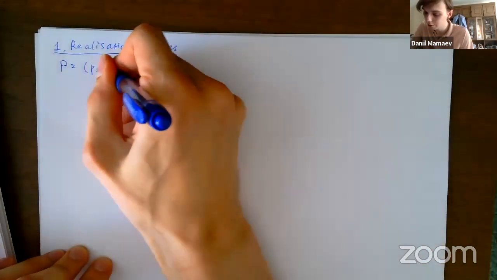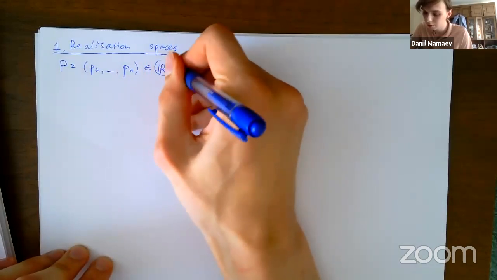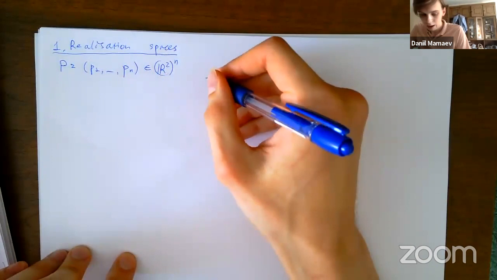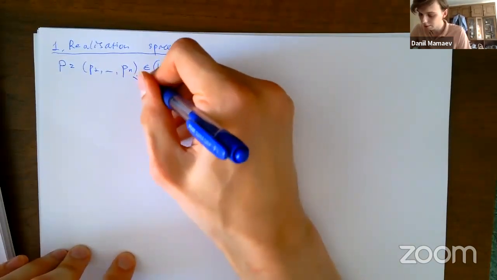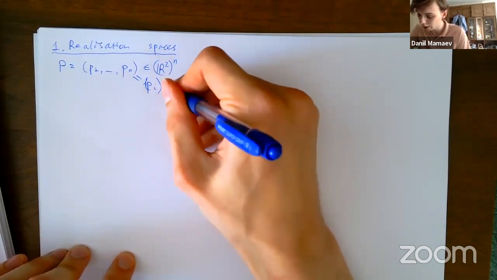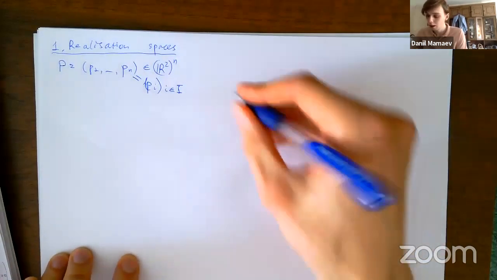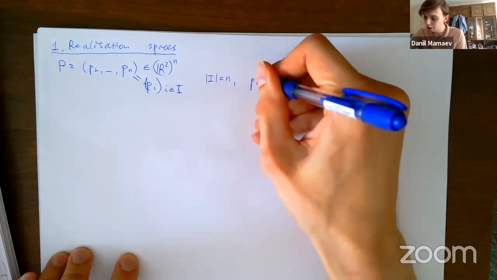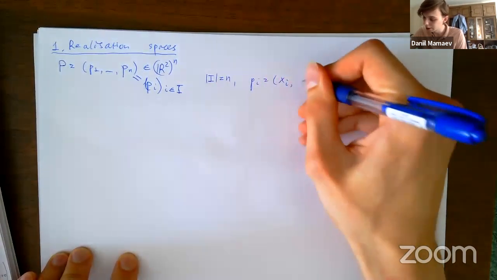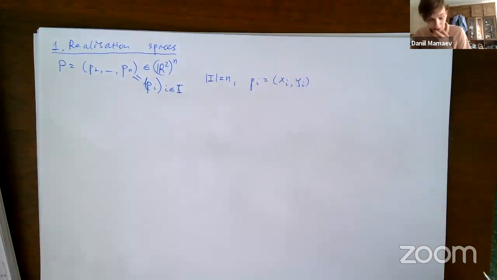So suppose we have a point configuration, which is just n points on the plane. Let our index set 1 through n be the set I, and let our point p_i have coordinates x_i and y_i.